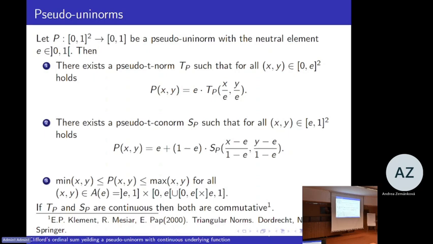We have assumed that the underlying functions, both the pseudo T-norm and the pseudo T-conorm of this pseudo-uninorm, are commutative, and hence we have this commutativity inside.